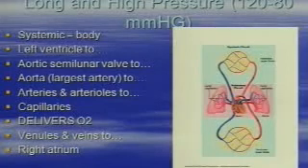Okay, so systemic is the body. So once again, you could pause the video, get your chart out. If we look at the left ventricle, the left ventricle is the powerhouse that's going to pump blood to the whole body. It goes through the aortic semilunar valve to the aorta, which is the largest artery supplying blood to the body.